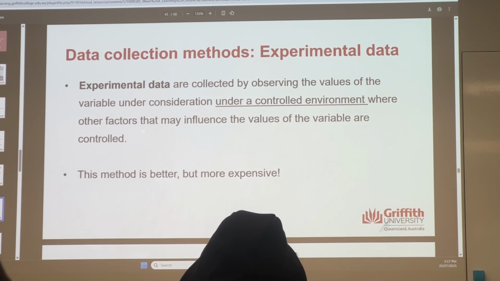So experimental data is collected by observing the values of the variable under a controlled environment. That's an experiment. Experiment means you control an environment.